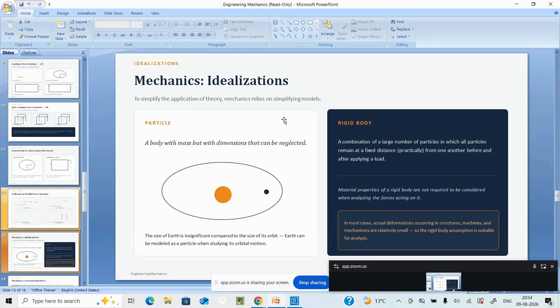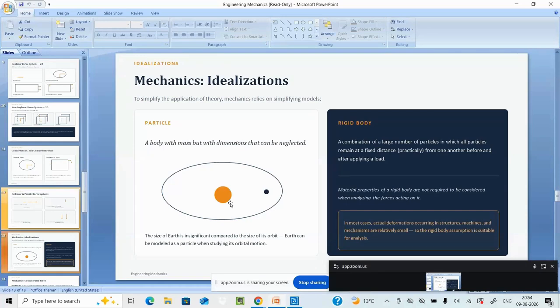One is a particle. If you see here, the size of the earth is insignificant compared to the size of its orbit. So the earth can be modeled as a particle when studying its orbital motion.